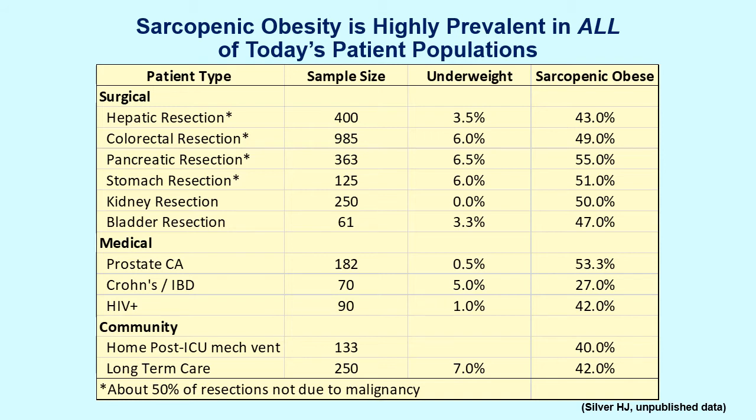And you see that here in a variety of surgical patients who've had resections of different organs, some for malignancy, some for benign disease. You see it in a whole variety of medical patient populations, and I have just a few presented here. And we see it in community residing individuals, even in long-term care in our older adults who we often think of as being underweight and frail. We now see a much greater proportion of obesity and sarcopenic obesity.